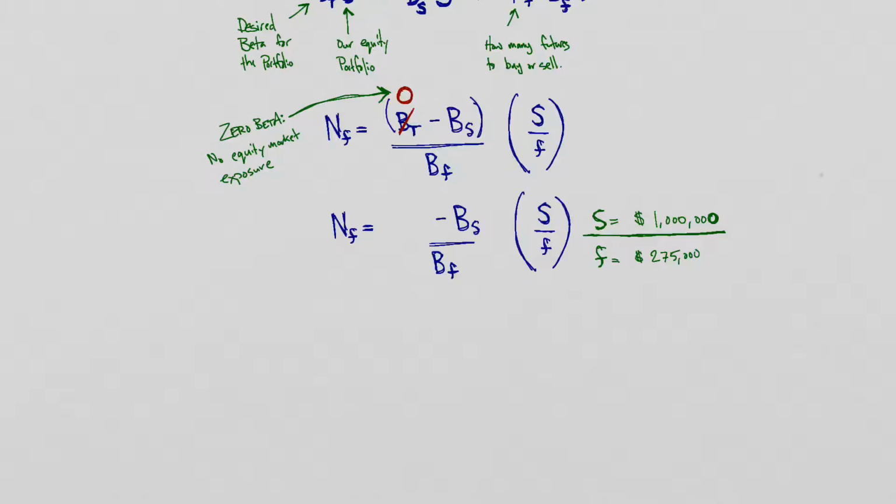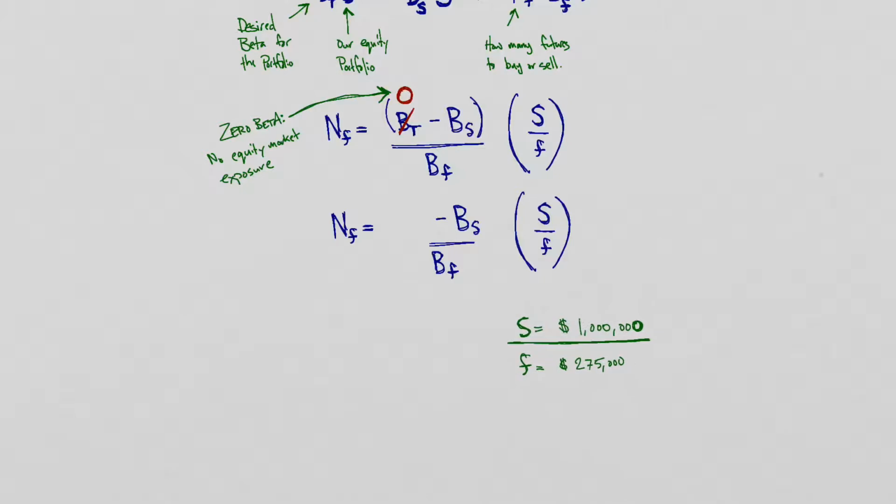But that's not quite true, because I also have to consider that the beta of my portfolio may be different than the beta of this futures contract on the S&P 500. That means I need to know the beta of my portfolio. For the moment, let's take that as given and say it's 1.2.